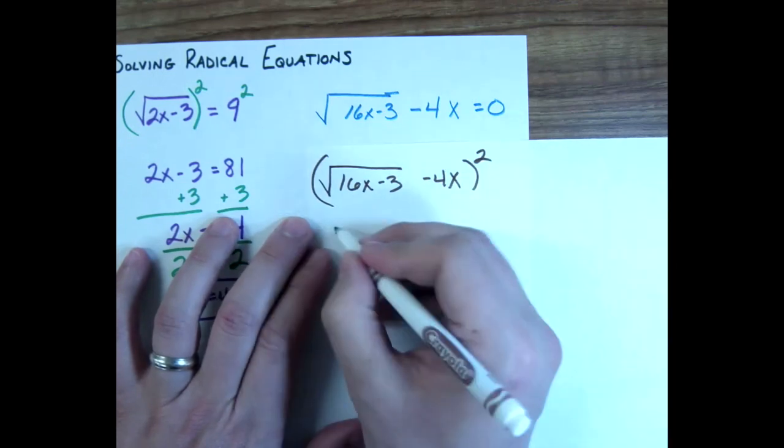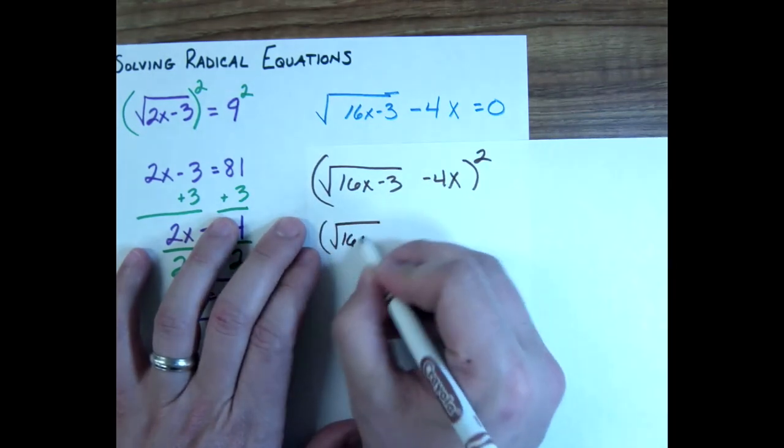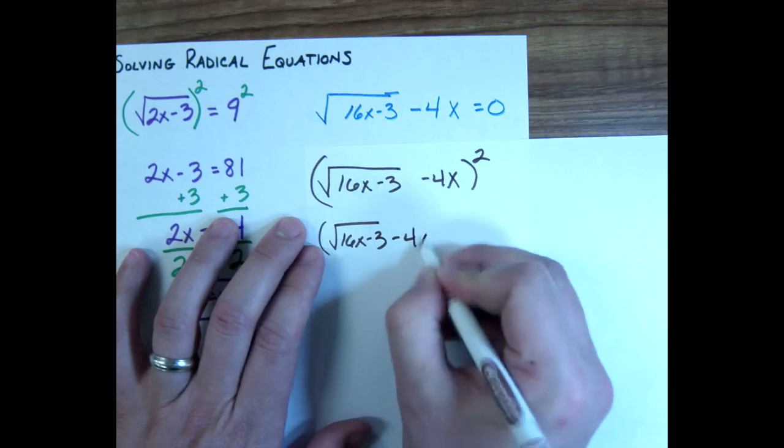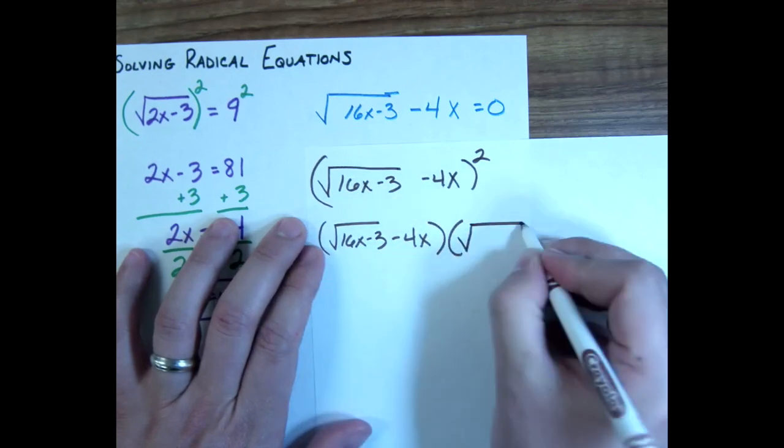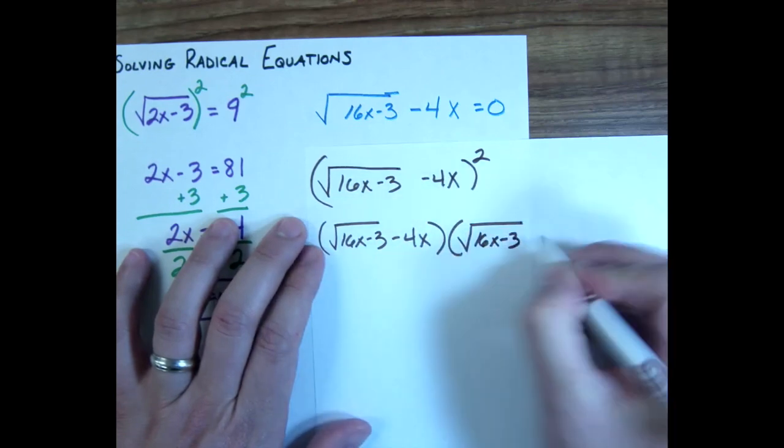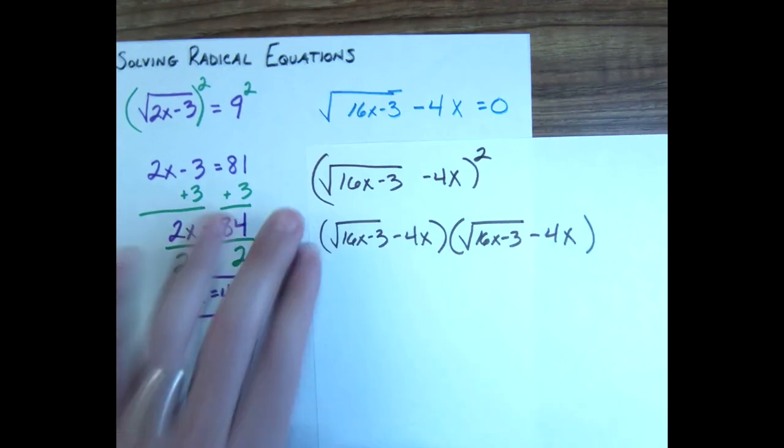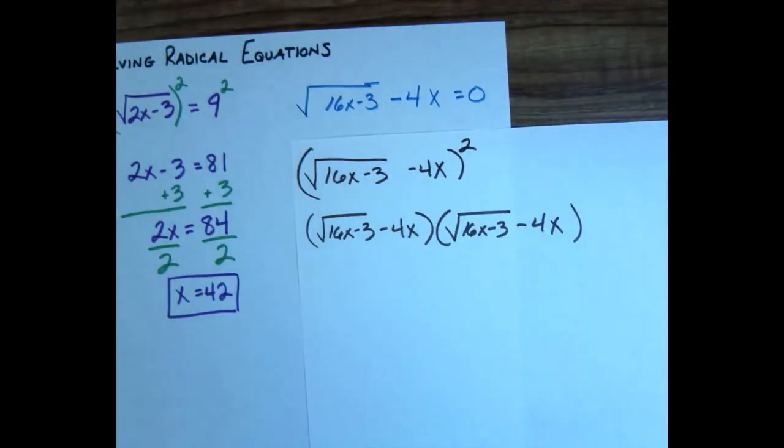What that means is the square root of 16x minus 3 minus 4x times the square root of 16x minus 3 minus 4x. Now, hopefully what you're thinking is that's disgusting and I don't want to do it, which is correct. But it's even worse than that.